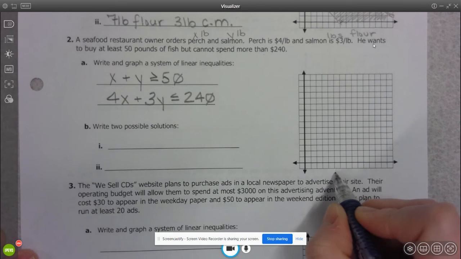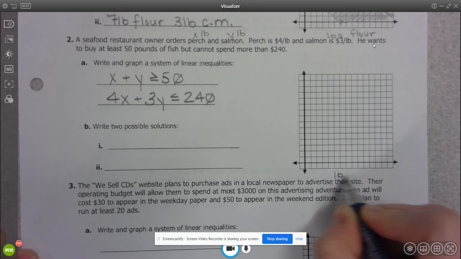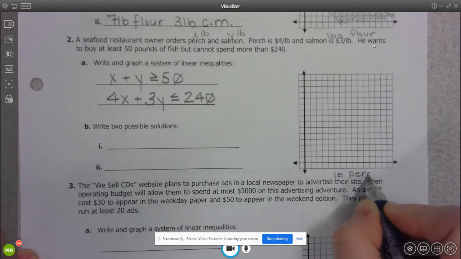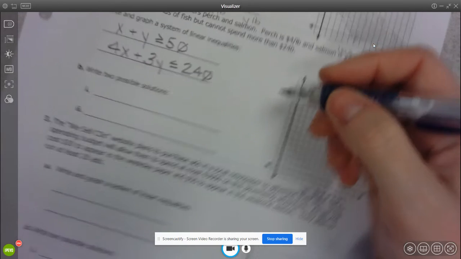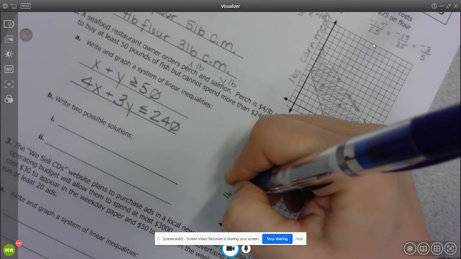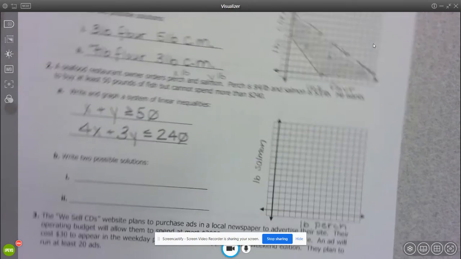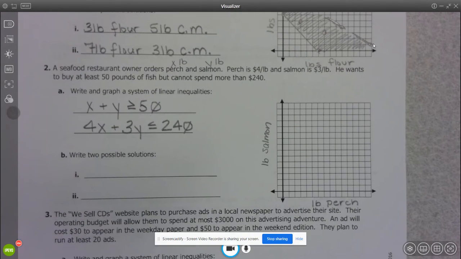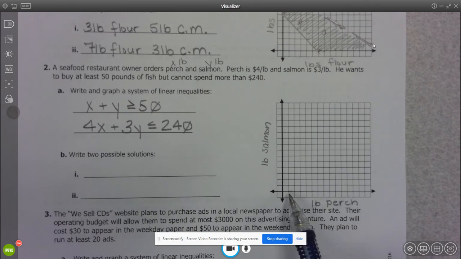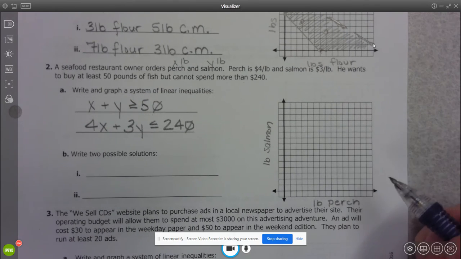I only have 15. So this is pounds of perch, and this is pounds of salmon. So I'm going to say that my scale is 5.